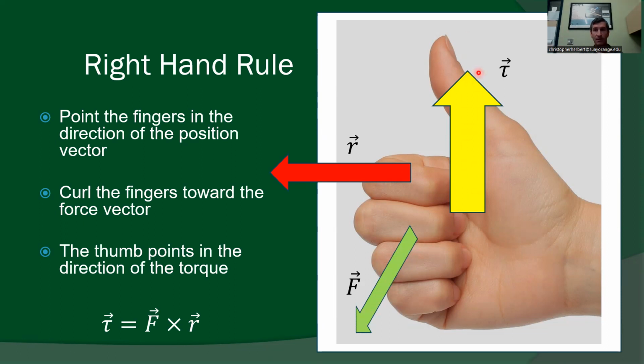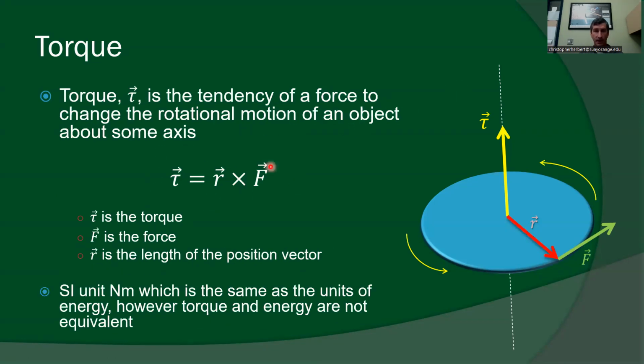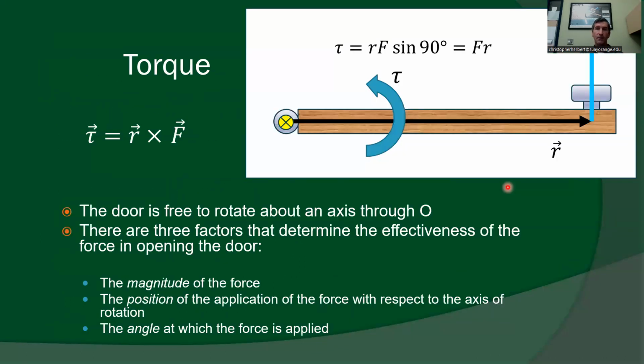So this allows me to avoid the more complicated vector equation, the cross product, and simply calculate the magnitude and then determine the direction using the right-hand rule. Whatever's more convenient is oftentimes the technique that we choose.